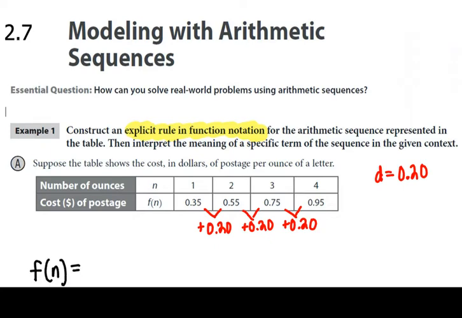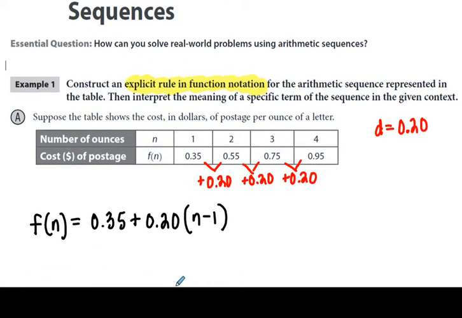Our explicit rule says f of n equals the value of the first term, which is 0.35, plus the common difference, which is positive 0.20, times the quantity n minus 1. I'm actually going to simplify this by distributing and combining like terms.